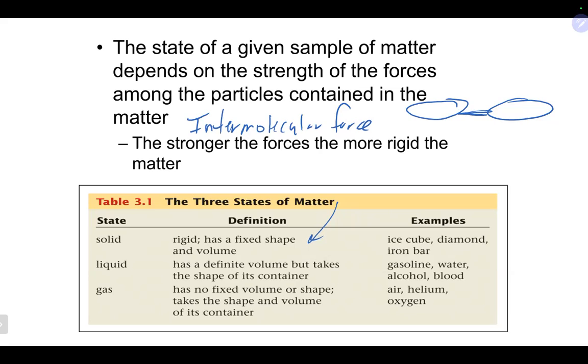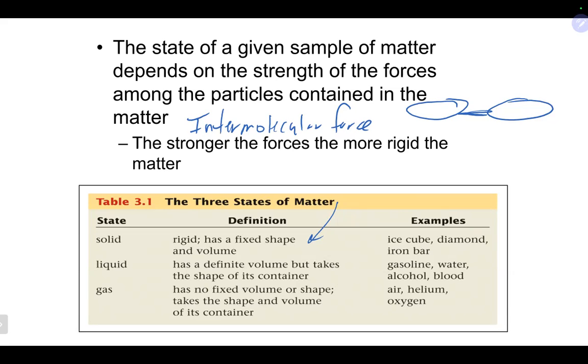So if they're held together by a really strong force, it is a lot harder for it to go into the gas phase. What that usually results in is those things have a much higher boiling point. So it takes a lot more energy to pull them apart from each other. If you have two molecules that are held together by a force that is super weak, it doesn't take a lot of convincing for those molecules to break apart from each other and go into the gas phase.